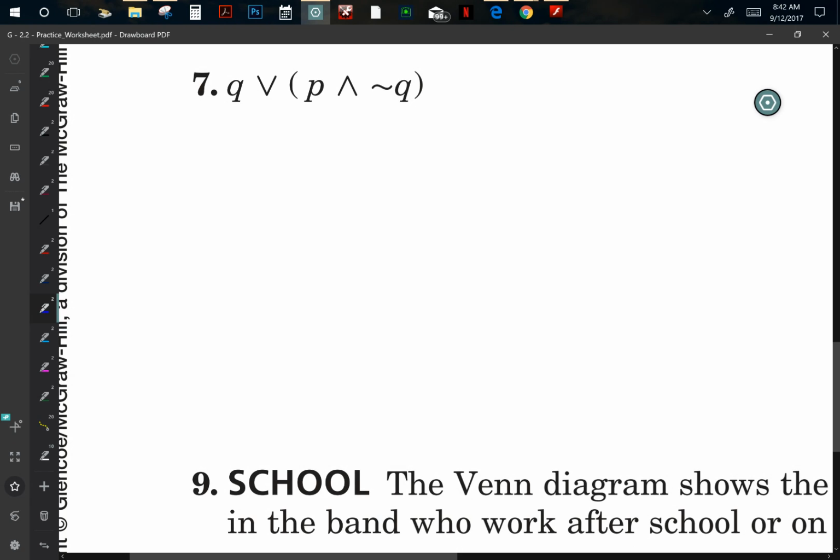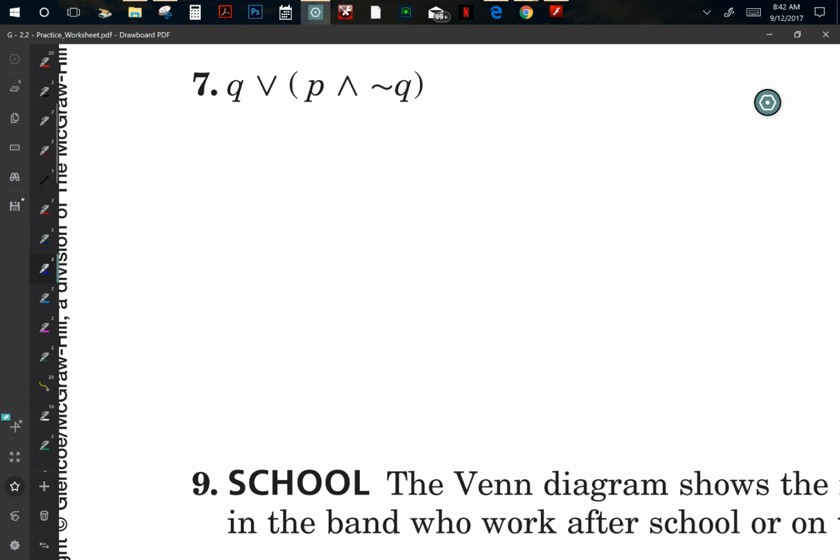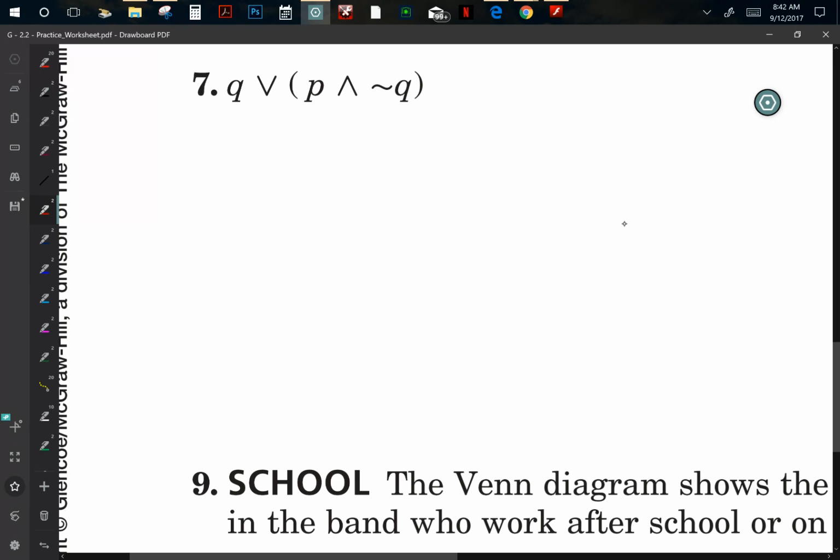Now, on this one, they want you to make your own truth table. So you have to start from scratch, but you should be able to. What things am I going to need? P, Q, and not Q, right? So first thing, what are you going to always need? P and Q, and then I need not Q, right? I also need the compound statement of P and what?